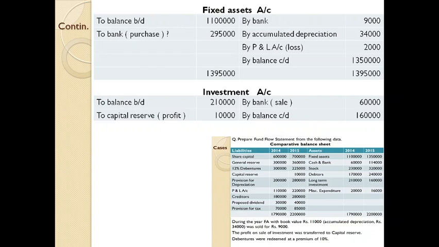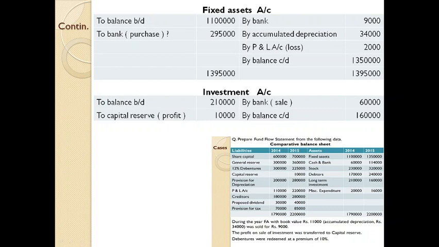We will write only the actual difference in the value of the asset. So the difference in value was 50,000 and it was sold at a profit of 10,000, which means the total cash earned by that transaction was 60,000. This is how you have to show the computation. And the profit is shown here and it is said that the profit amount was transferred to the capital reserve.